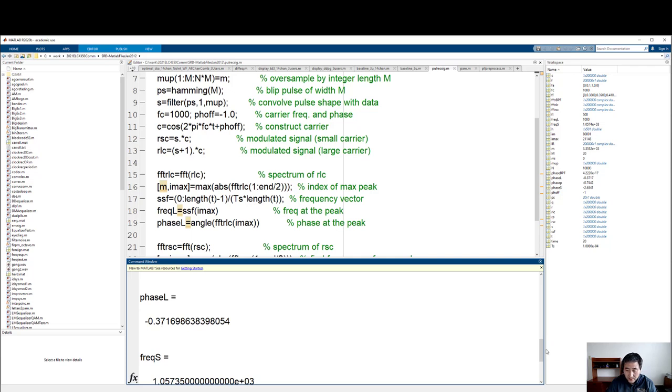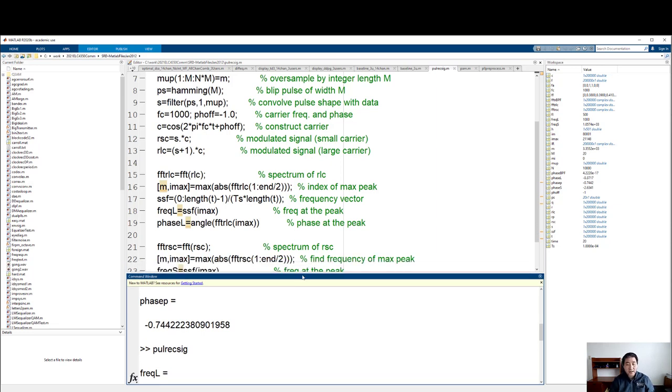And we just found out using our squaring technique that the phase becomes negative 0.74, which is 2 phi. Even though it's not precise, we understand that using this squaring technique, we get the phase around 2fc, with the phase term of 2 phi.